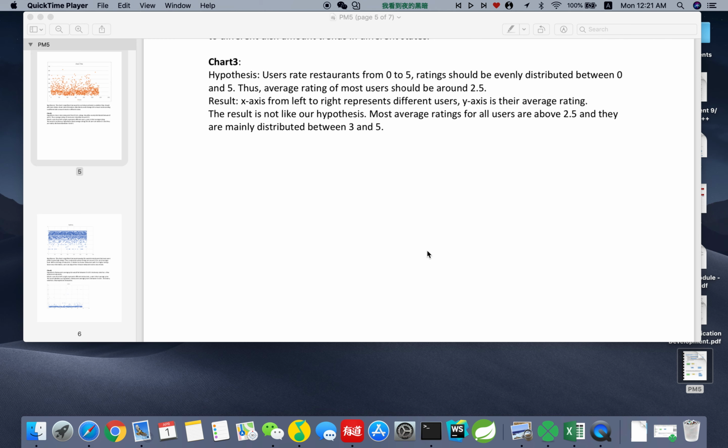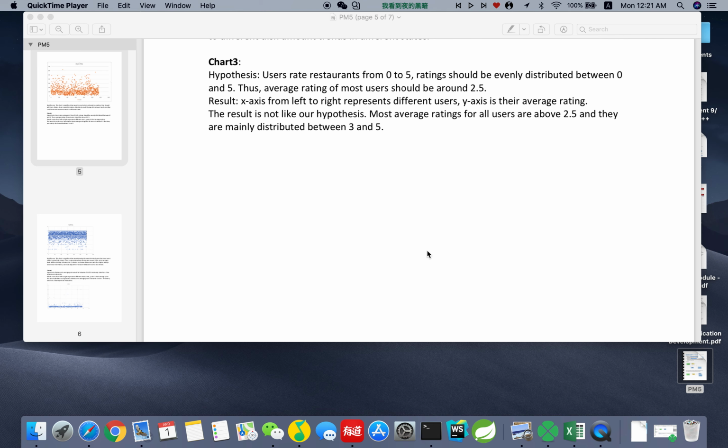Our hypothesis for this chart is that users would rate restaurants from 0 to 5, and ratings would be evenly distributed between 0 and 5. Thus, the average rating of most users should be around 2.5. But the result is not like our hypothesis.